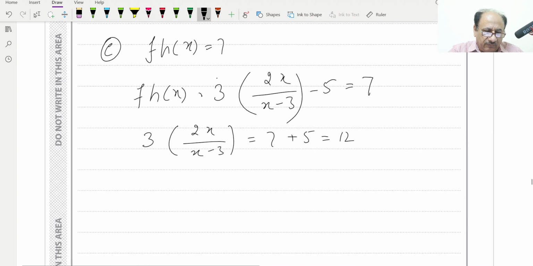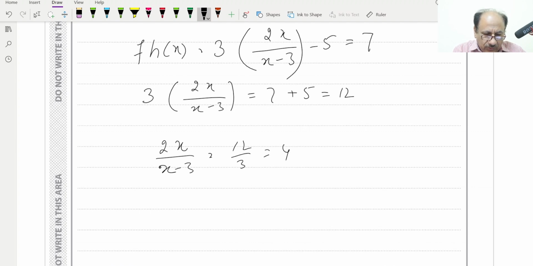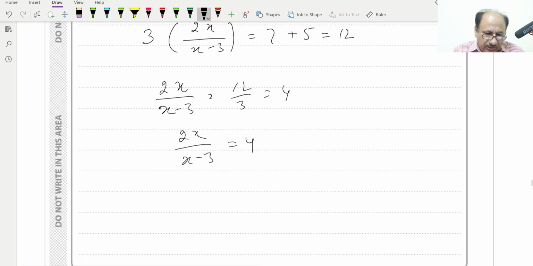And further simplification, we can shift the 3 to the other side, so 2x over x minus 3 is equal to 12 over 3, which is equal to 4. So 2x over x minus 3 is equal to 4, and we can cross multiply. It will be 2x is equal to 4x minus 12.